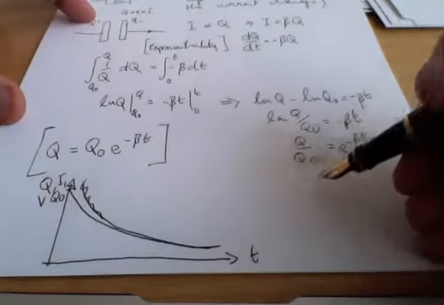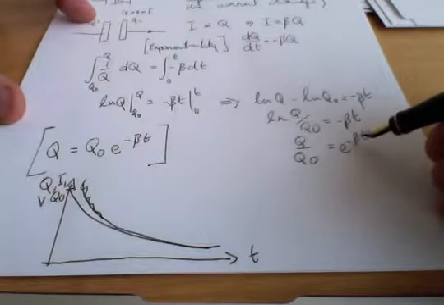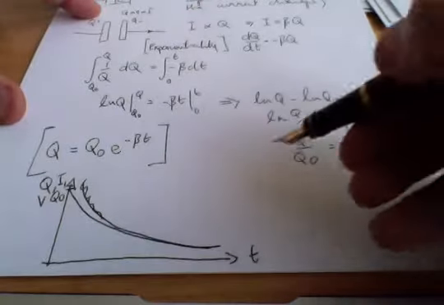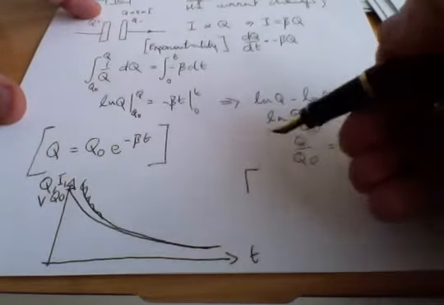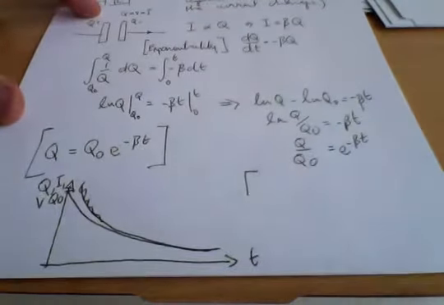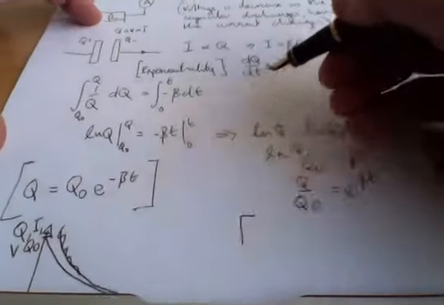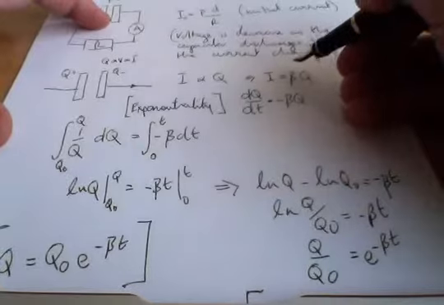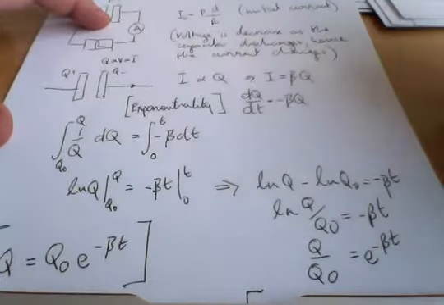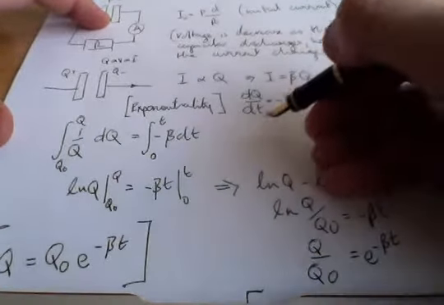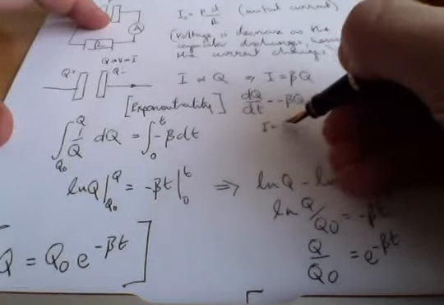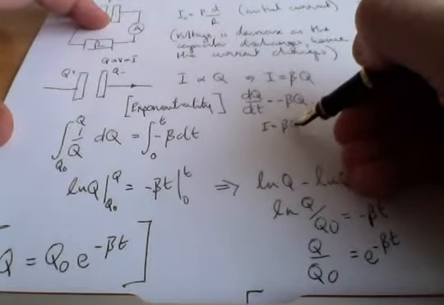Good. I'm just going to briefly write down as well what this beta factor is here. I'm going to use just a bit of very, very big generalizing maths. Let me take you back up to the top here and say, I know that I is beta Q. I'm going to look for an expression for beta.